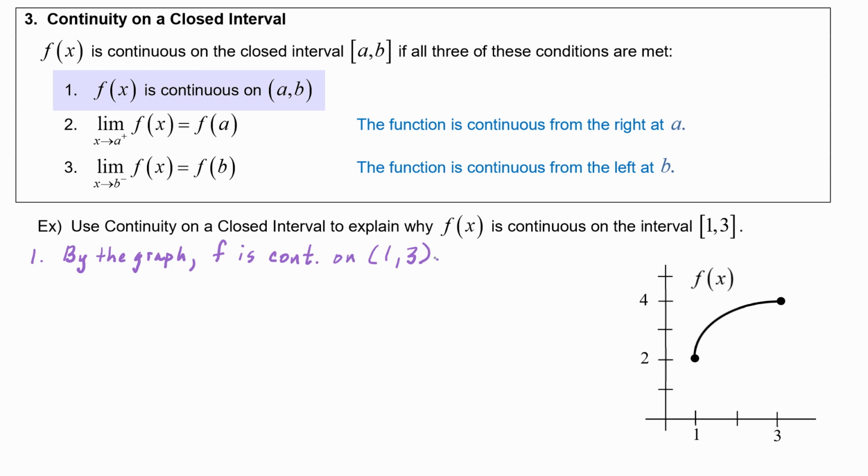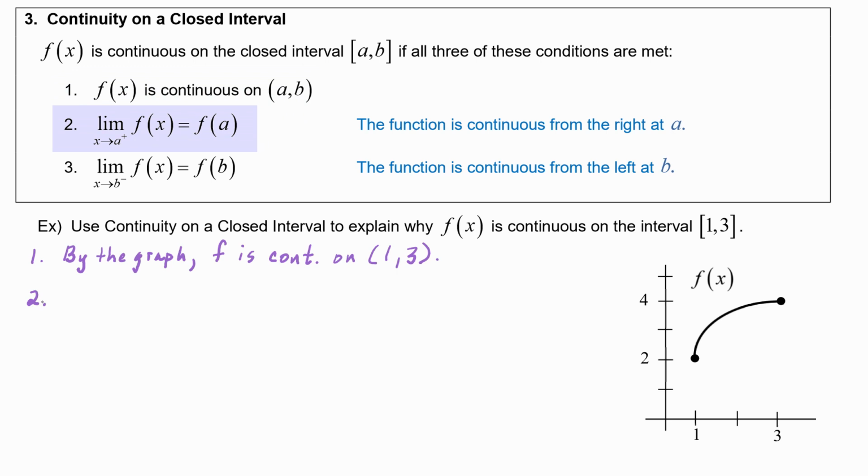We can visually inspect the graph and see it. Another way you can think of it is that for all the points between 1 and 3, you can draw the graph without ever having to pick up your pencil. And that's what a continuous graph looks like.